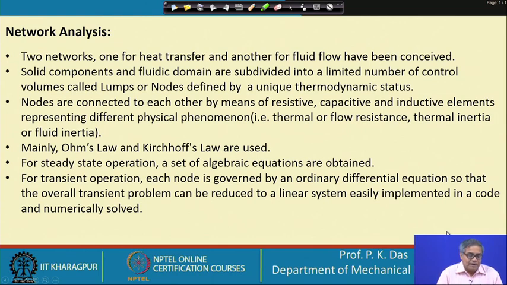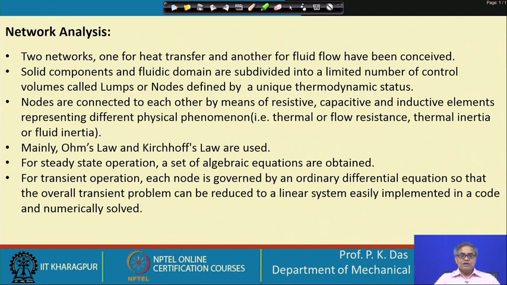So, network analysis, 2 networks, one for heat transfer and another for fluid flow has been conceived. So, 2 types of network in connection with a heat pipe people have thought of.